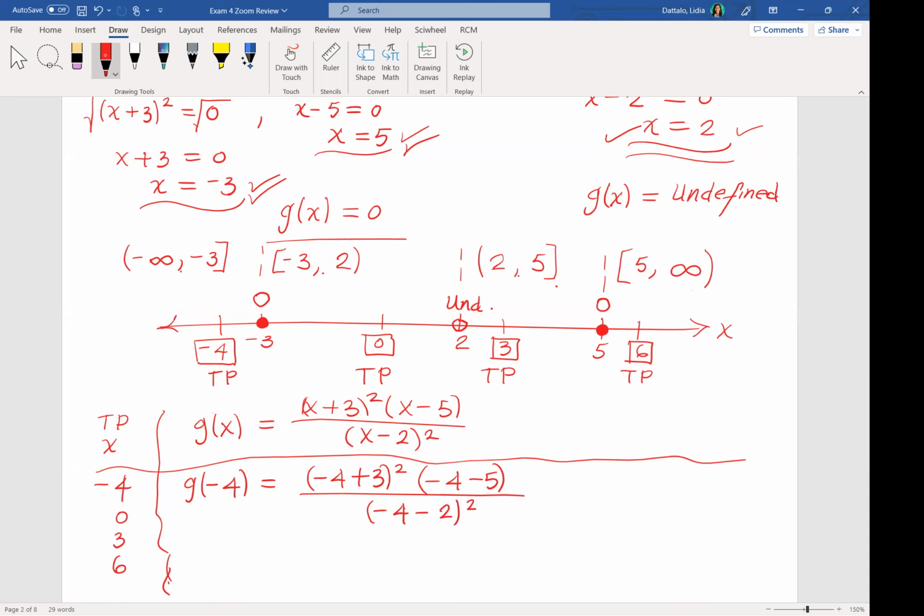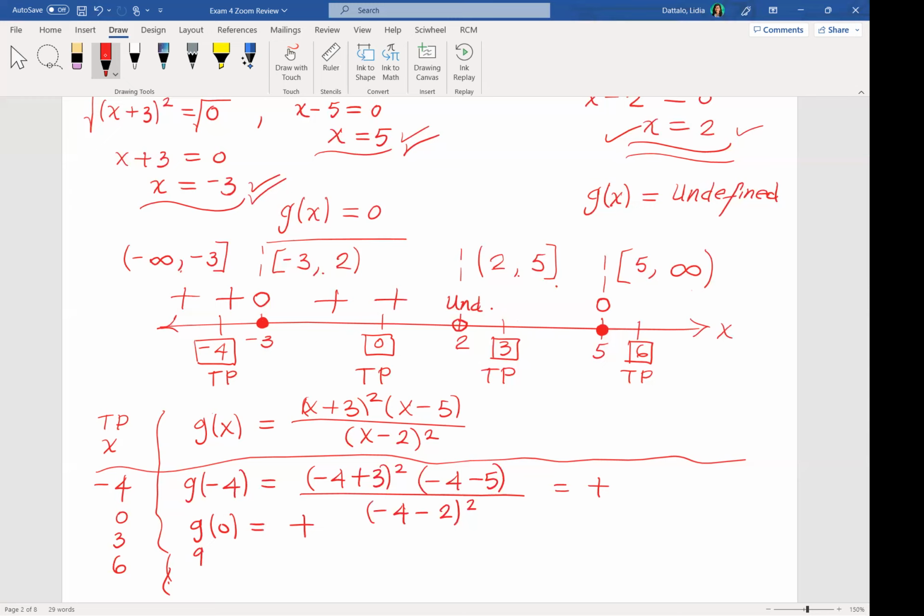I put that in the calculator and I'm going to get a positive number here, so I'm going to label this positive. If I substitute a 0 into the function, I'm not going to go through all these calculations, but know that that's going to be positive as well.